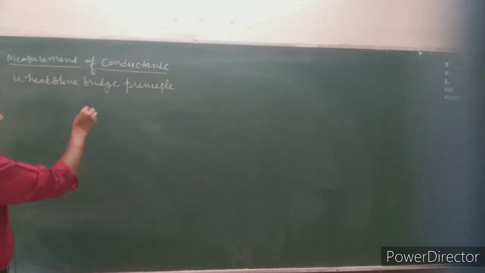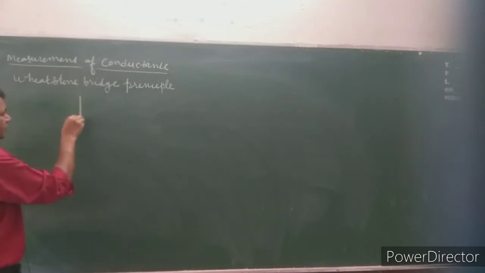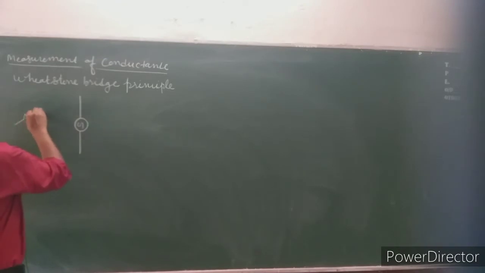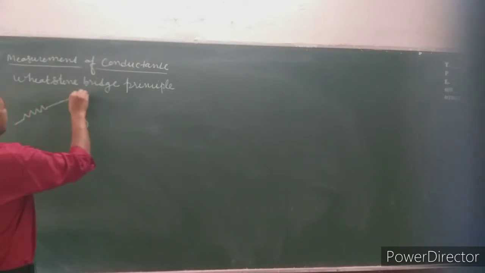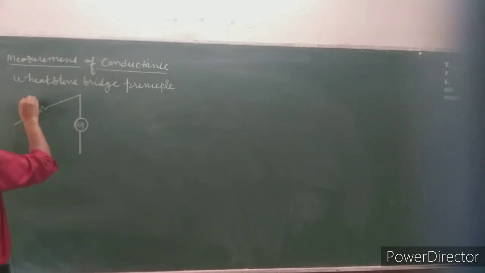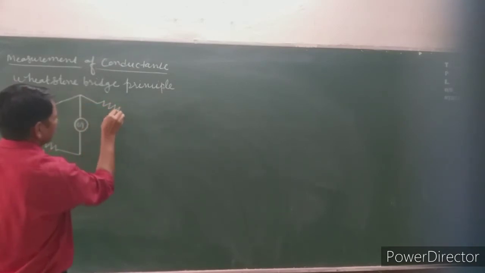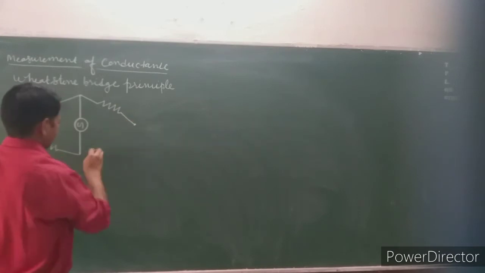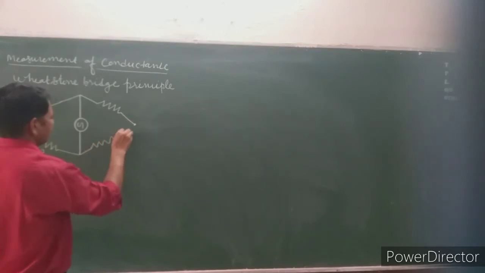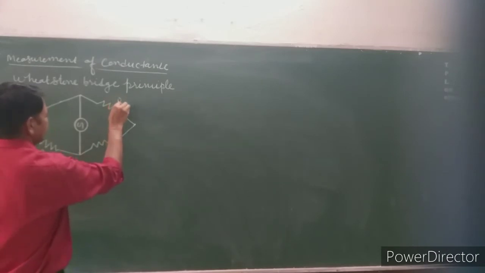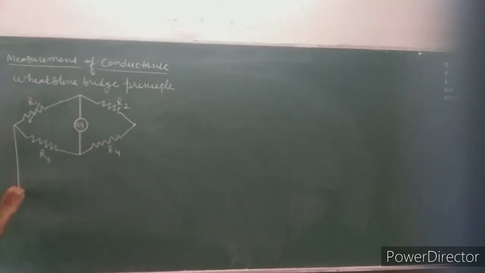In the Wheatstone-Bridge principle, you know very well, there are four resistances, all connected in series. This is the basic principle of the Wheatstone-Bridge.